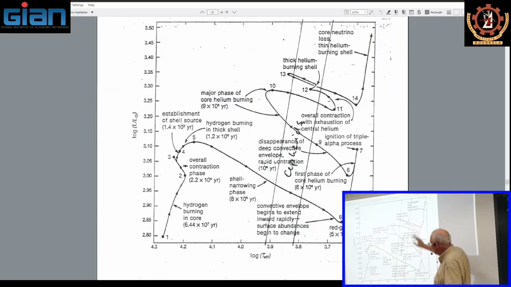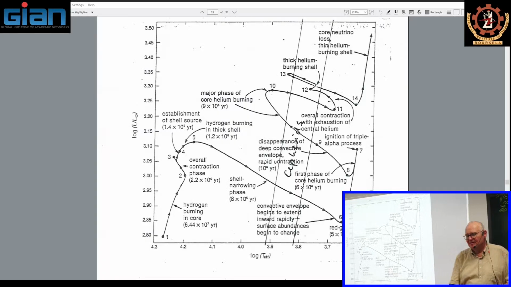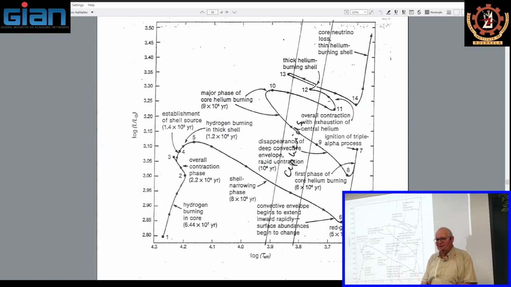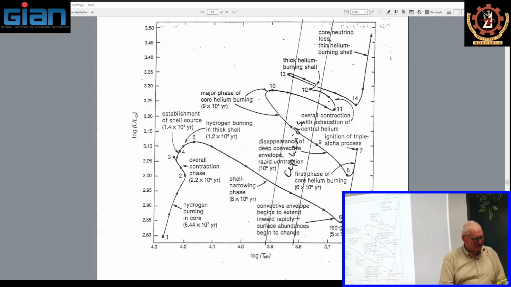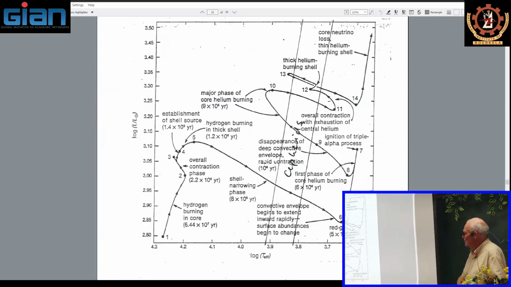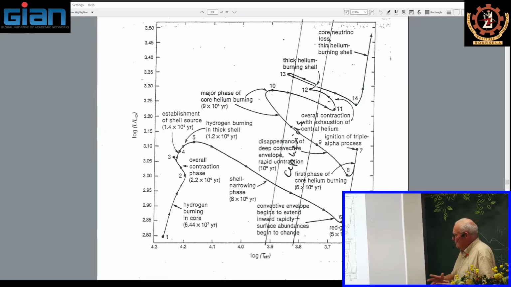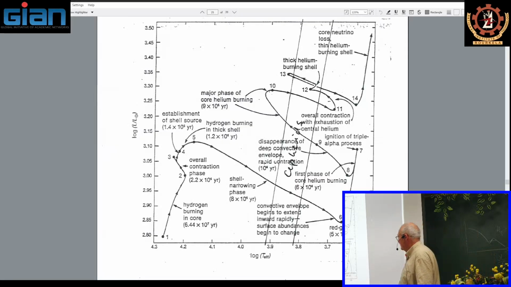It performs several loops. Once it performs these loops, it several times crosses the so-called instability strip, the Cepheid instability strip, where the stars are found to vary and to show variability, or pulsate, like the Cepheids are found observationally.